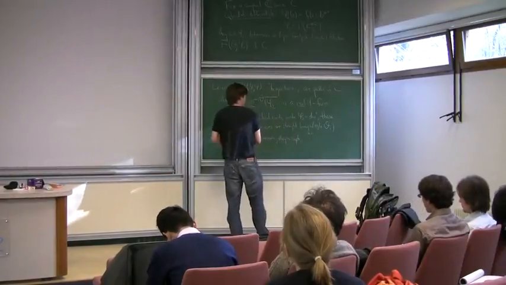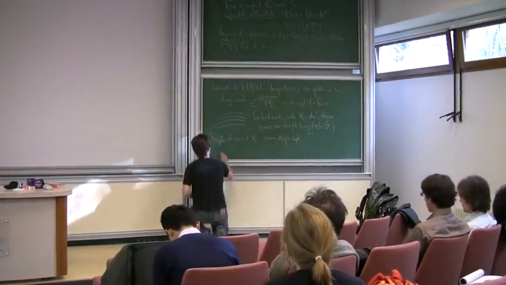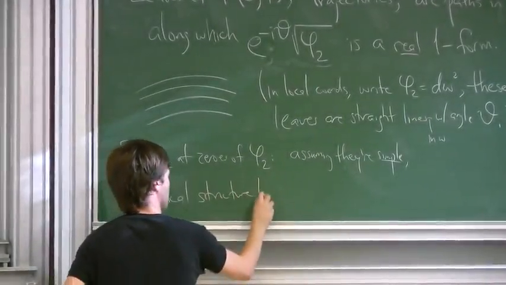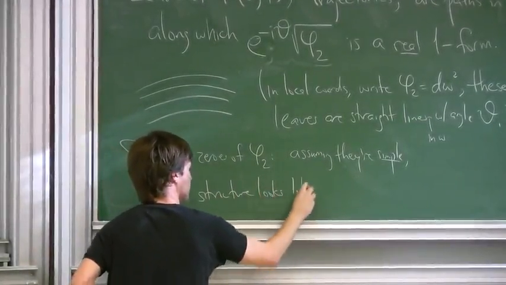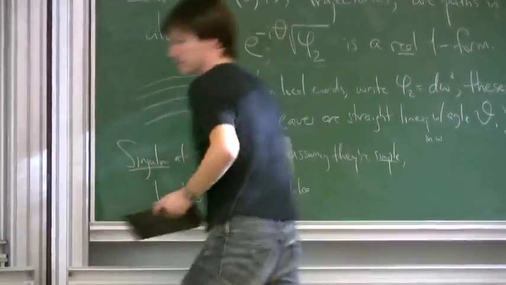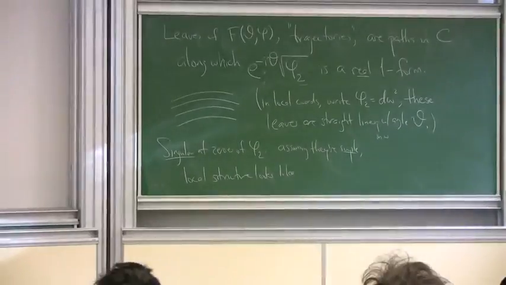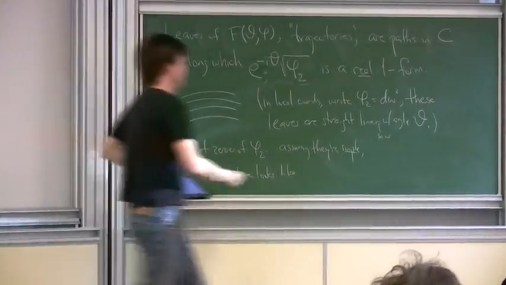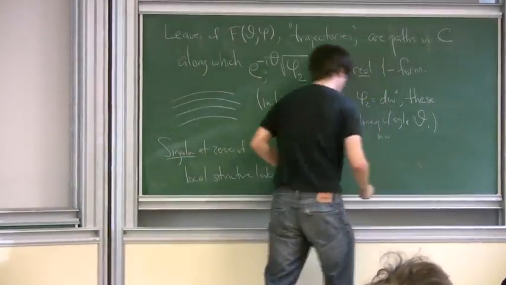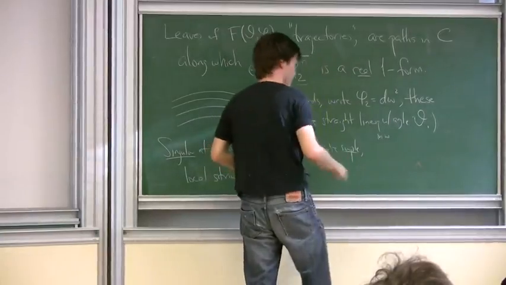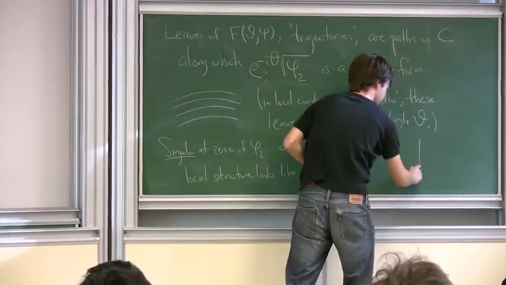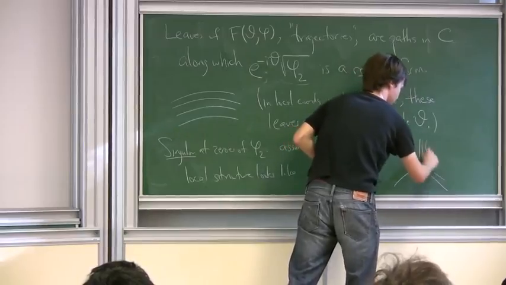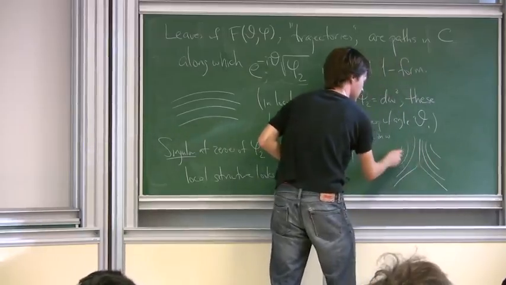So assuming that the zeros are simple, then the local structure looks like, so we've got the zero, let's see, color for that, okay. So the zeros of this quadratic differential are red crosses. The local structure of this foliation around the zero is that it has three prongs coming out, and then the rest of the leaves go like this.